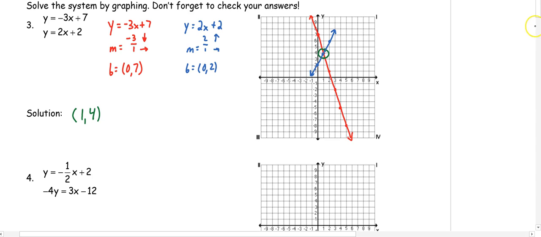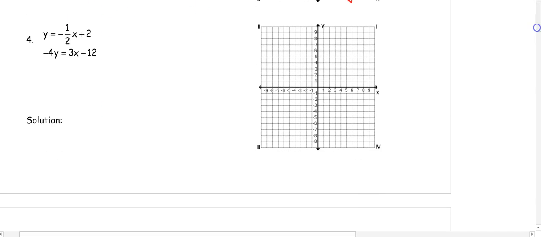All right, let's try number 4. We have y equals -1/2 x plus 2 and -4y equals 3x minus 12. The first equation is already in y equals form, so I already have y equals -1/2 x plus 2. My slope is the value in front of the x, -1/2, and my b value is the number by itself, so 0, 2.